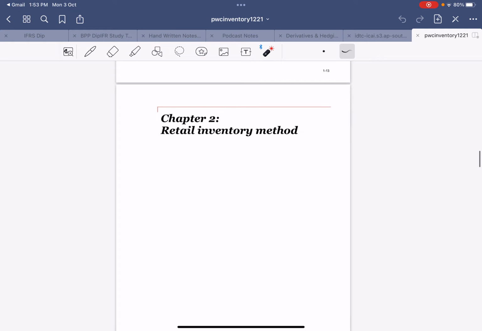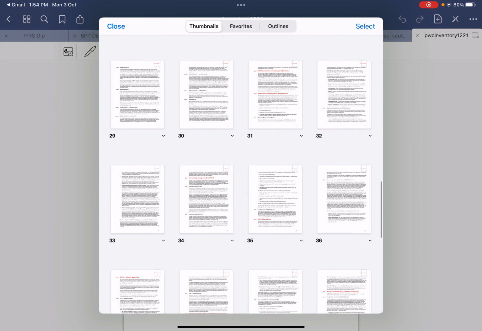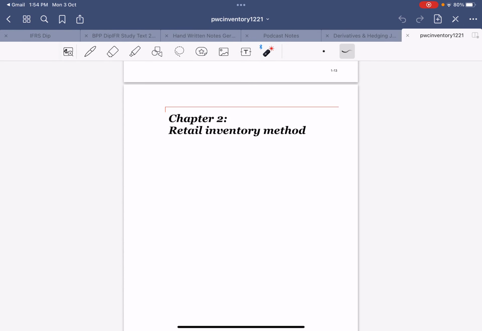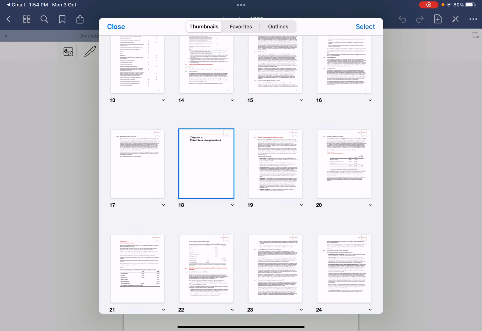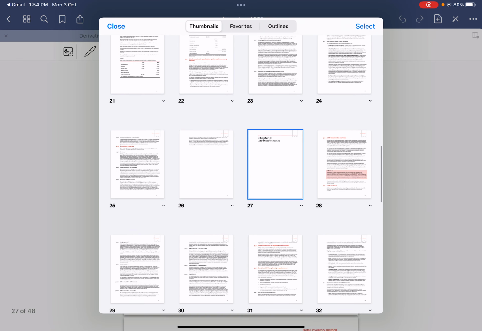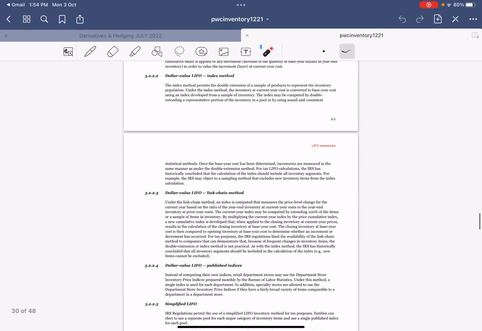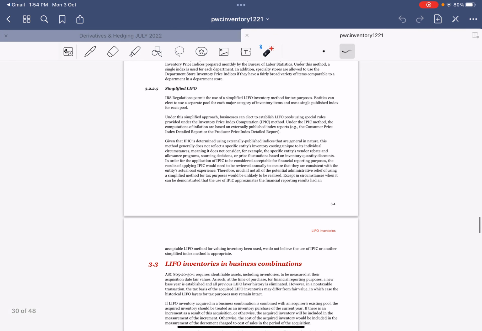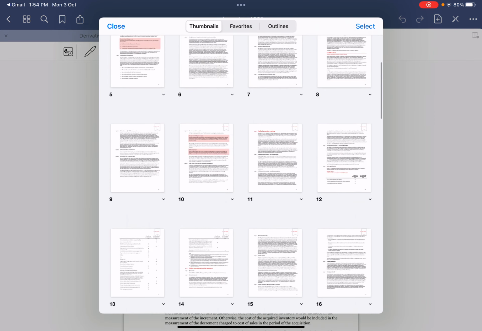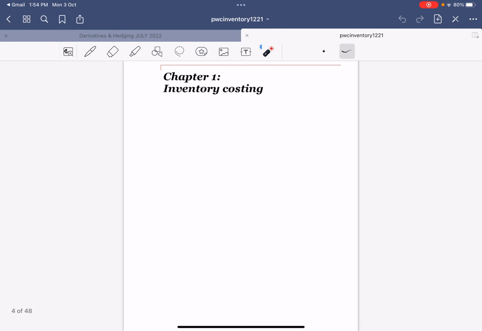The next chapter is the retail inventory method, and chapter 3 is LIFO inventory. It's not very big, only 48 pages, so I guess I can complete it in one day.